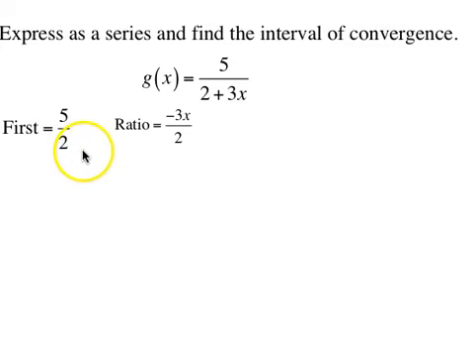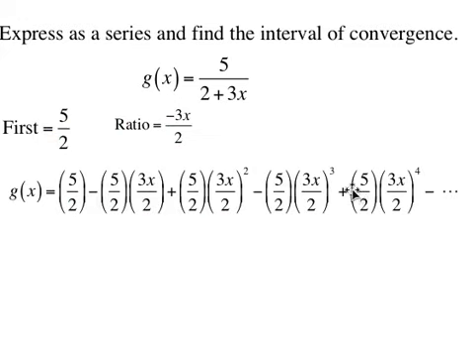First term is 5 halves, then plus 5 halves times negative 3x over 2, plus 5 halves times negative 3x over 2 squared, plus 5 halves times negative 3x over 2 cubed. So the signs will alternate. So it may be clear to see it this way: 5 halves minus 5 halves times 3x over 2 plus 5 halves times 3x over 2 squared, etc.